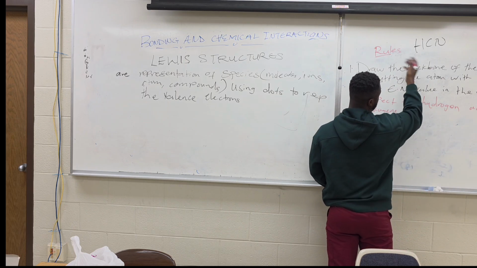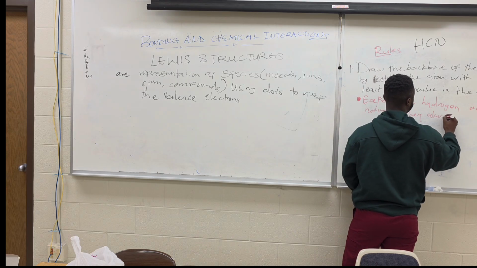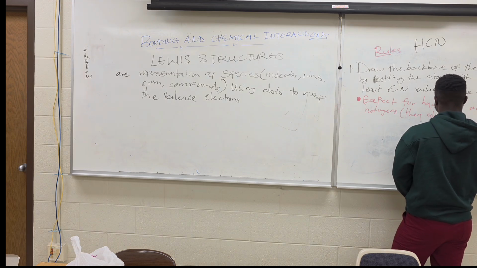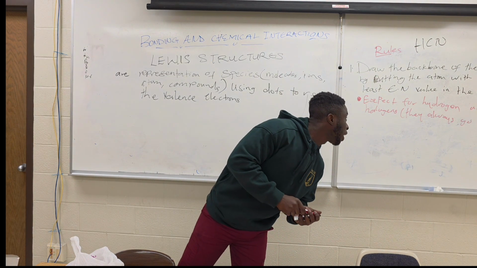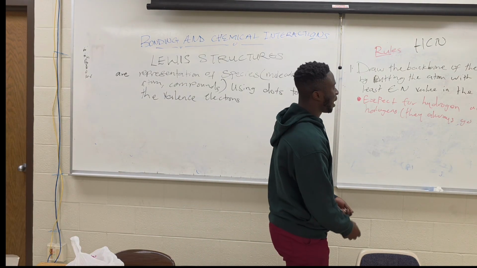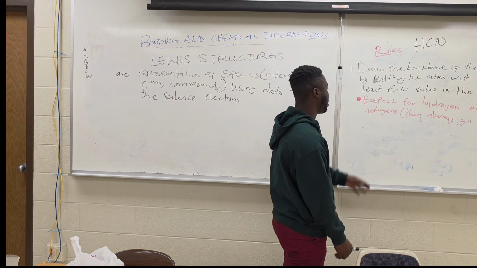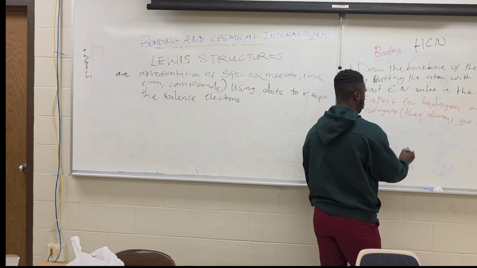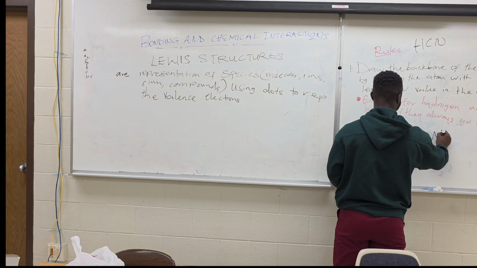These always go to the sides. So in this case, I know that carbon has the least electronegativity on the board, but sometimes if you face the difficulty where you cannot tell the electronegativity, go with these things. So in that case, it's going to be H, C, and then N.